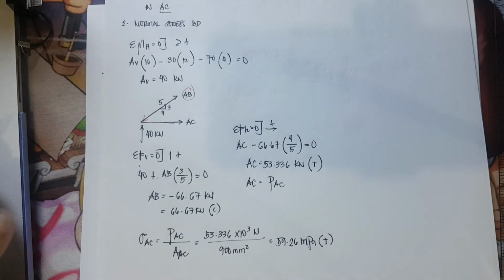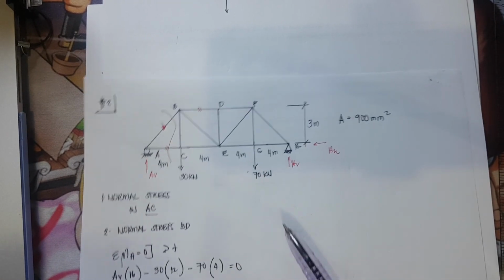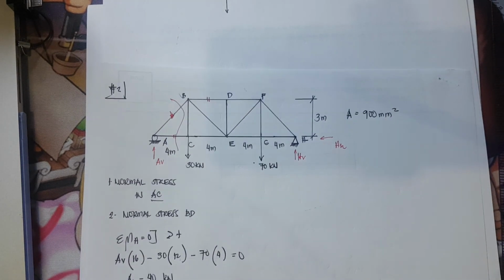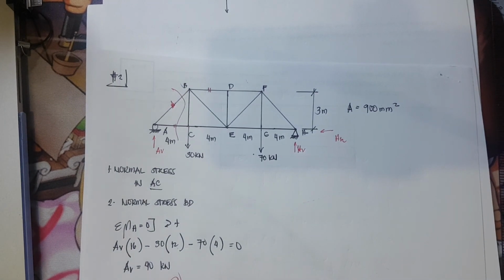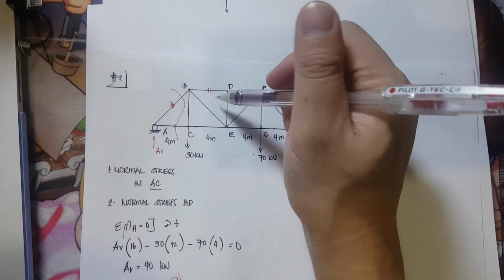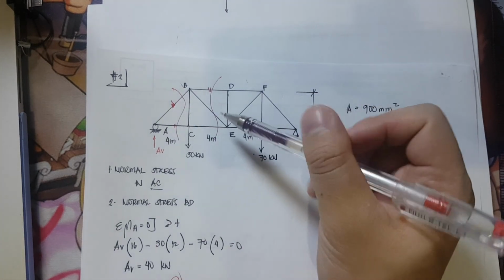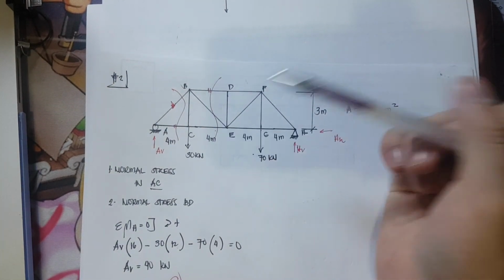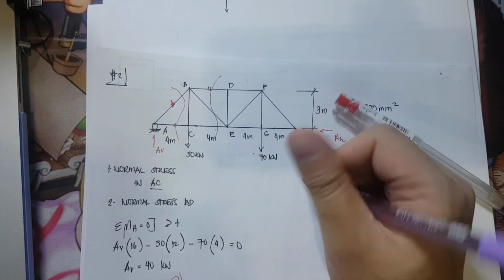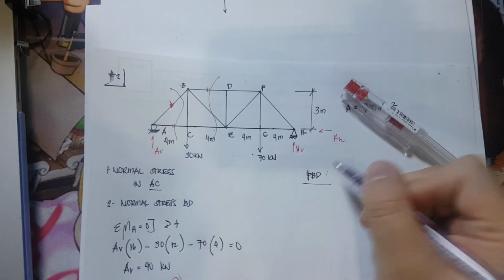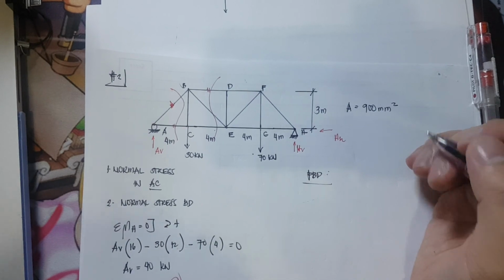Next, we need to solve for member BD. Yes, this is member BD. To solve for member BD, what I am going to do is cut it here using the method of section. I will be having 3 unknowns, and I will redraw the free body diagram.